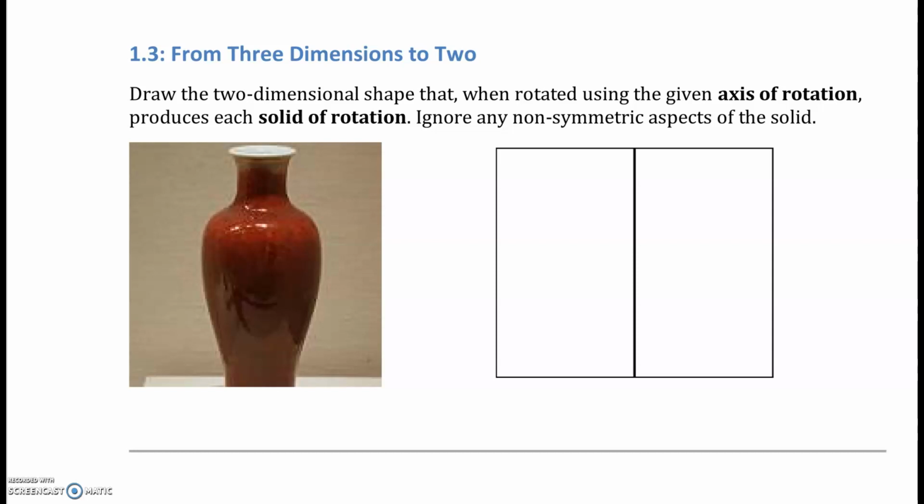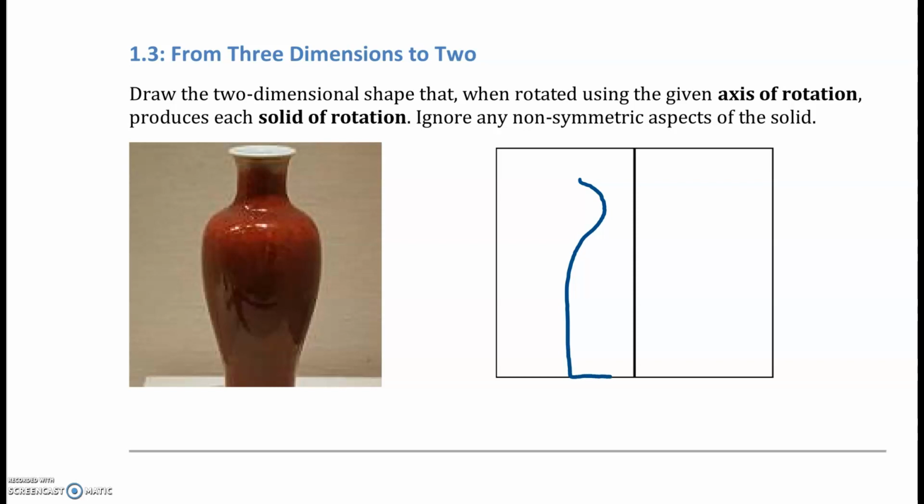And since it's hollow, what I need to do is make sure that I don't close any openings when I draw it. So this shape, to me, is going to kind of go like this. It's going to start at the top, go in toward the axis of rotation, come back out all the way down.